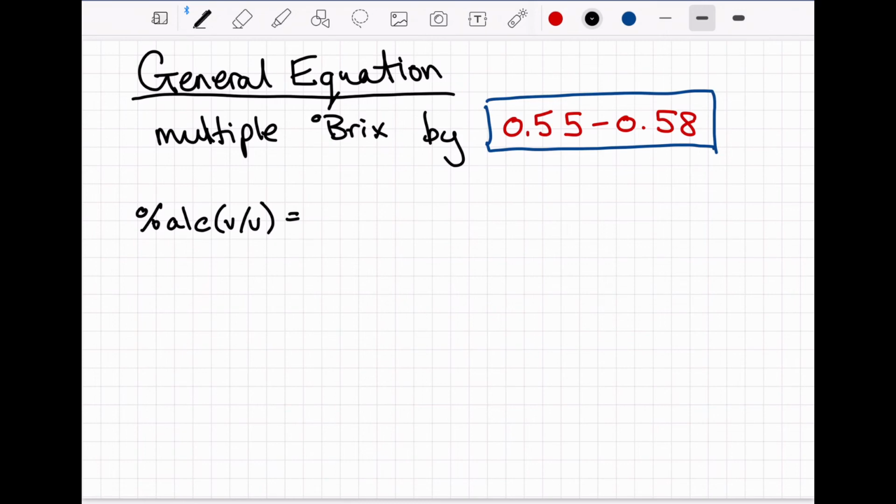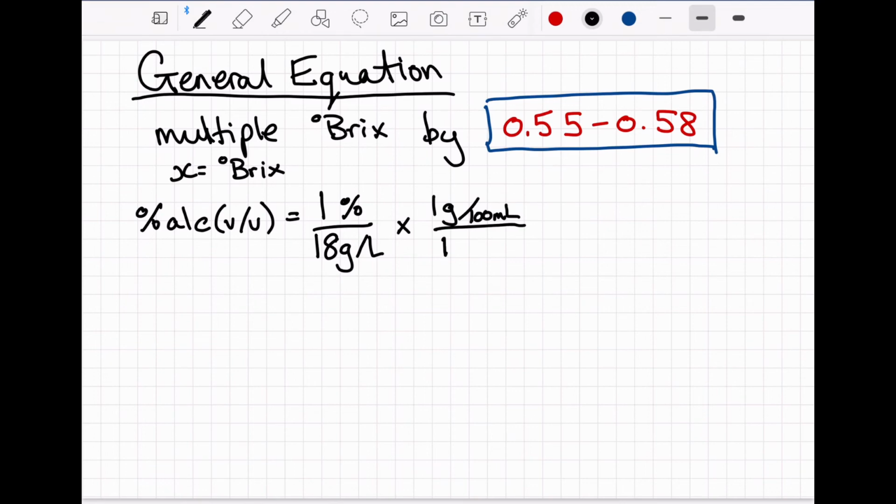In this situation, we don't know what our degrees Brix is, so we're going to call X equals our degrees Brix. Let's set the calculation up like we did before. 1% alcohol divided by 18 grams per liter of sugar. We multiply that by 1 gram per 100 milliliters, which is 1 degree Brix.